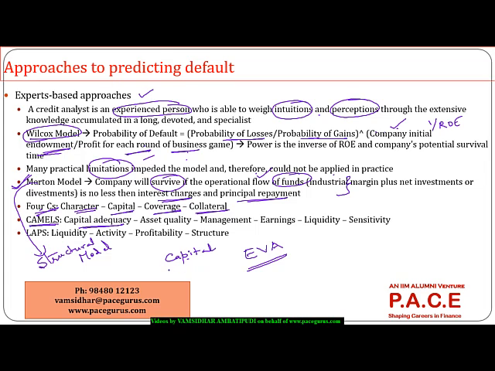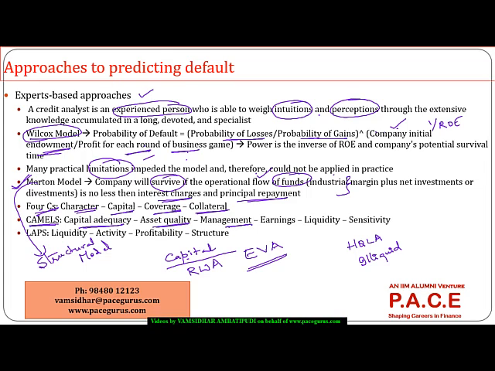Then the quality of assets being used. High quality liquid assets, versus a lot of assets which are illiquid. So I am trying to assess the quality of the assets that I have.